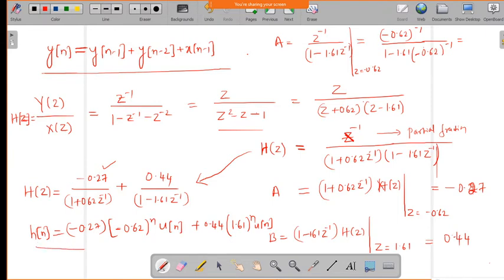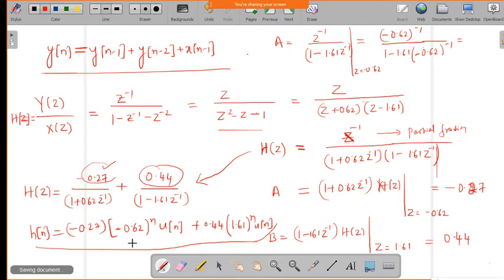Now this is your h of n. Have you got this one? Anybody got any other answer? If the a and b values are correct, then this is the h of n. So check it out and try to get the values.